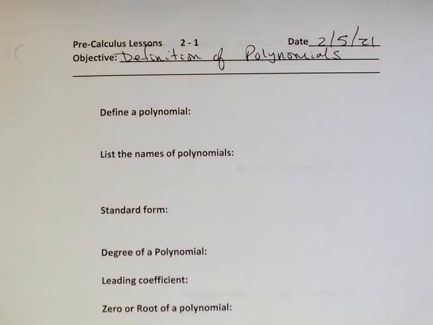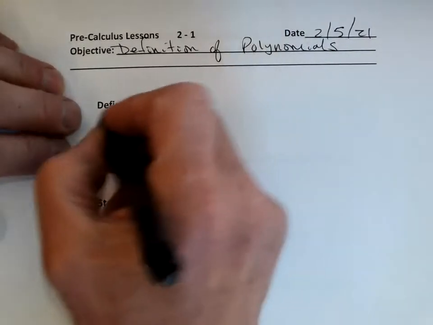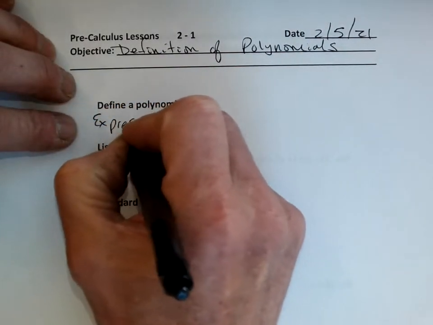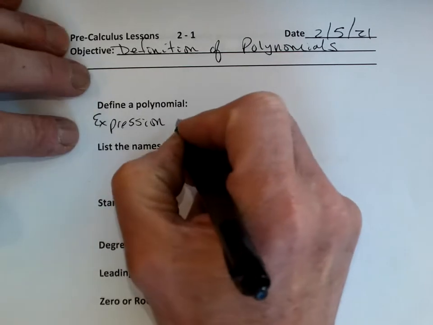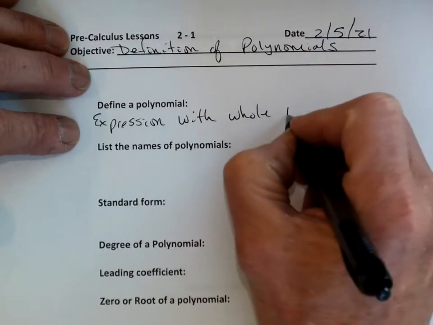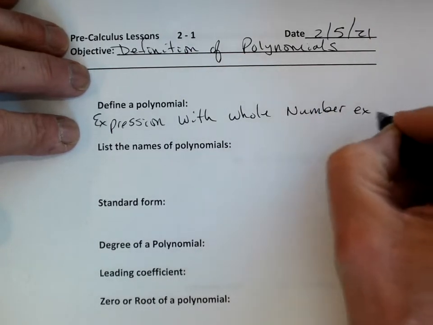So, definition of polynomials. What is a polynomial? It's any expression with whole number exponents.